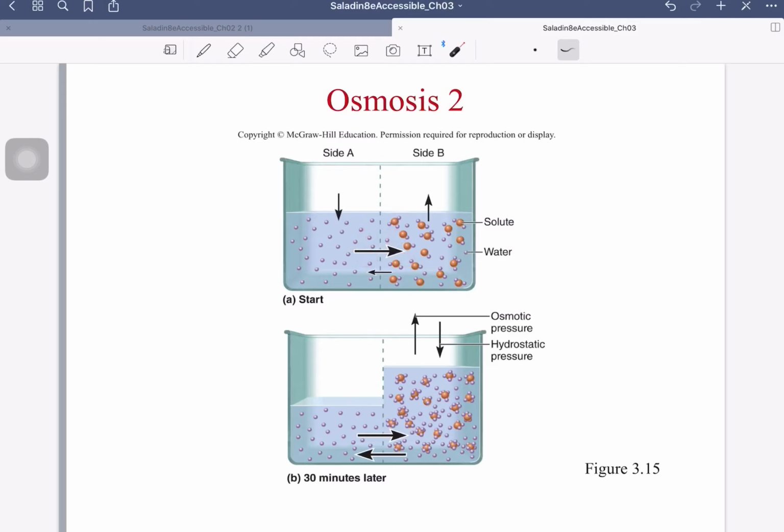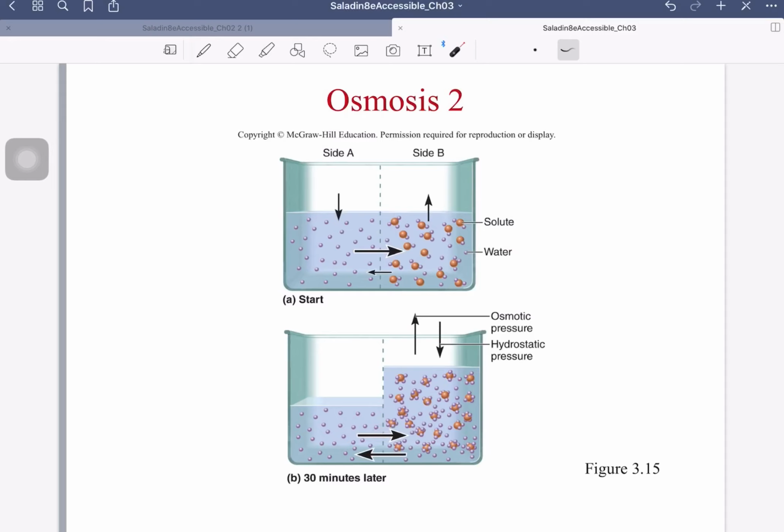It's not going to happen in this case because remember the solutes cannot cross. So water is going to leave this side and enter this side. So this area is going to have a loss of water. The net movement of water is over to this side.